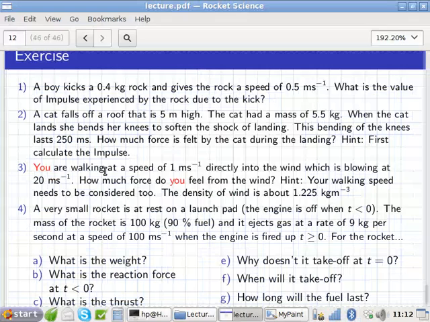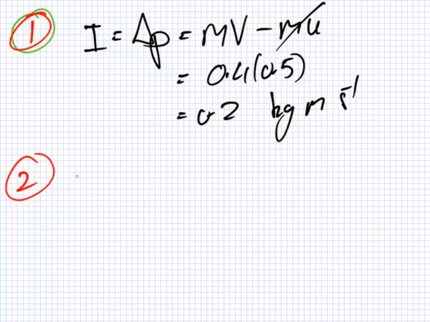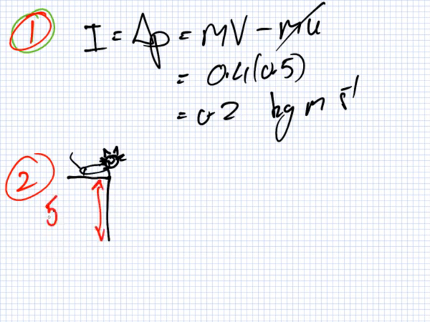Right, so that's okay. The cat that falls off the roof. The roof is 5 meters high, and it's a 5.5 kilogram cat.